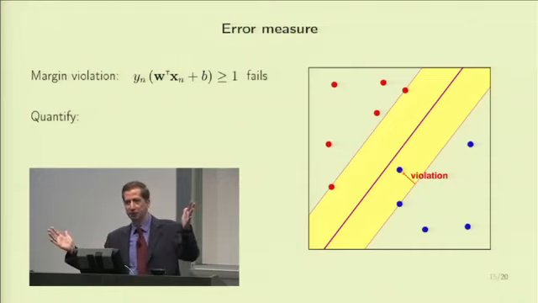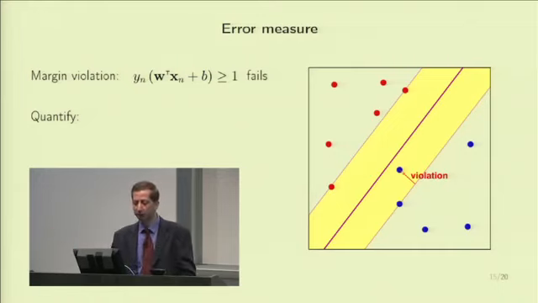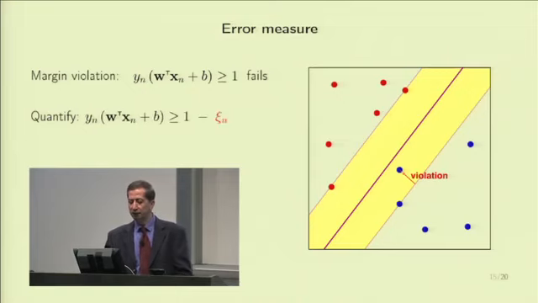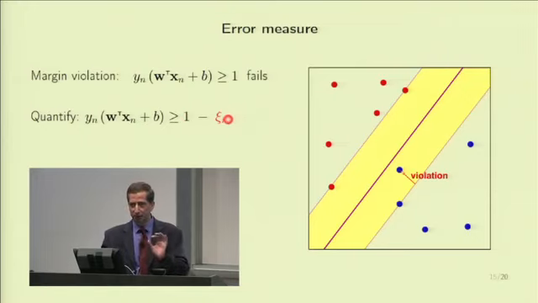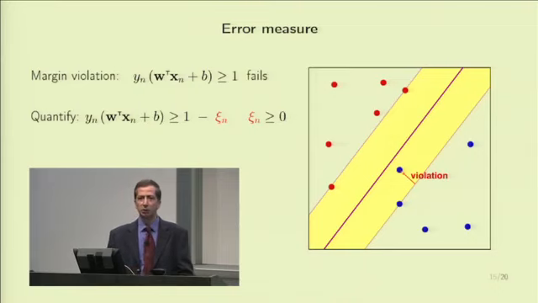Hopefully, most of them will satisfy the margin. Only a few of them will violate it. And I'm going to say that the quantity that used to be greater than or equal to 1 is actually greater than or equal to 1 minus a slack. Okay? So this is what allows. So the movement from here to here resulted in the red psi. Okay? And the slack is greater than or equal to 0. So I'm only considering violations.